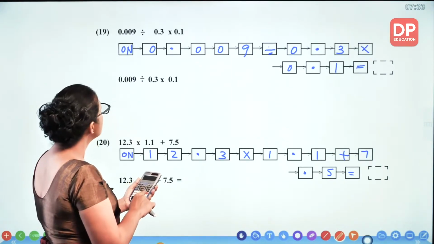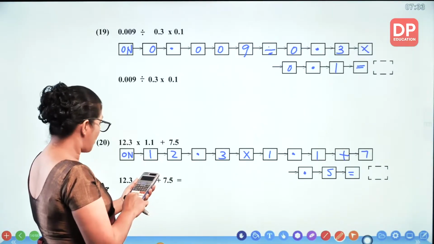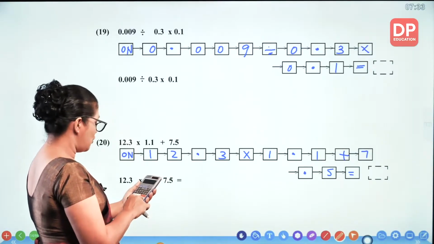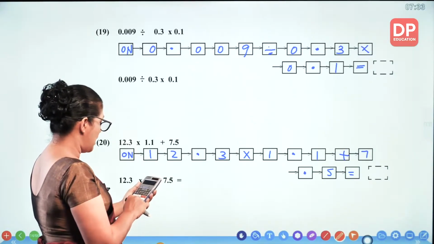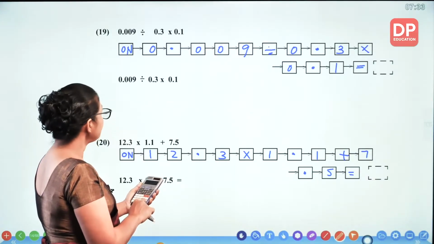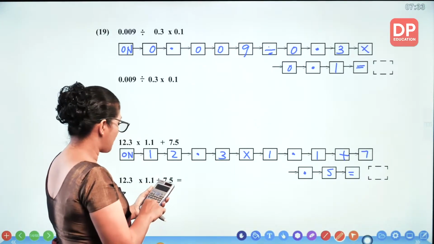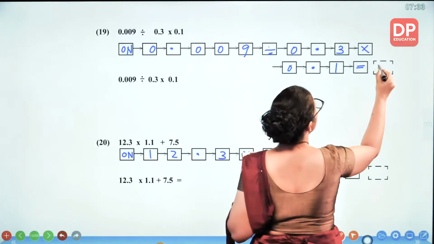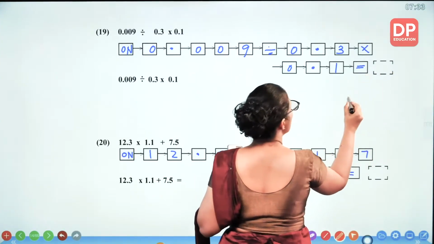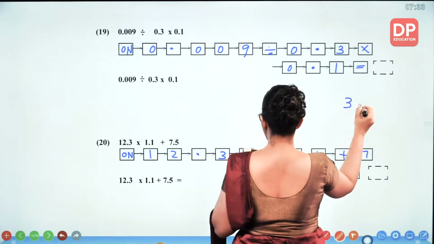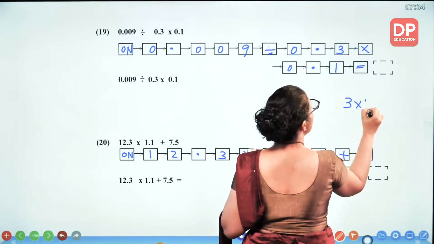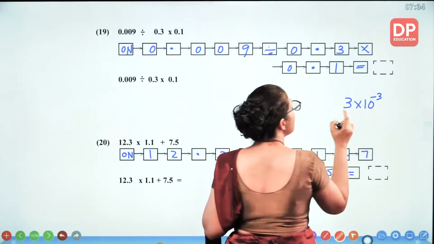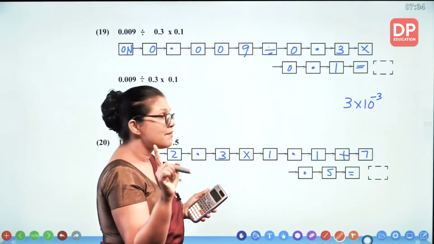0.009 divided by 0.3 times 0.1. You get 3 times 10 to the power minus 3. So you are getting the value in scientific notation.